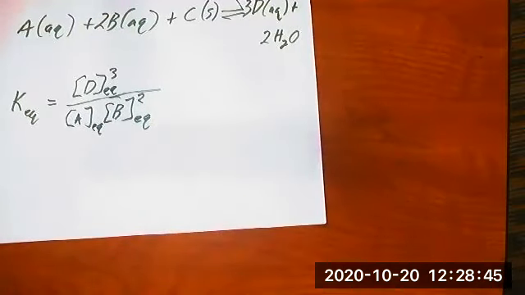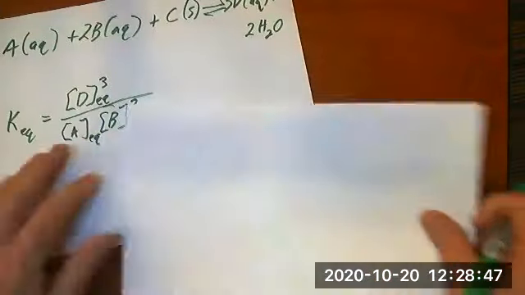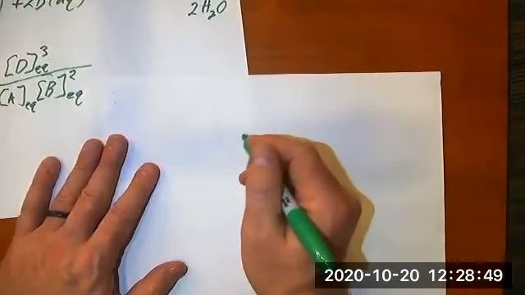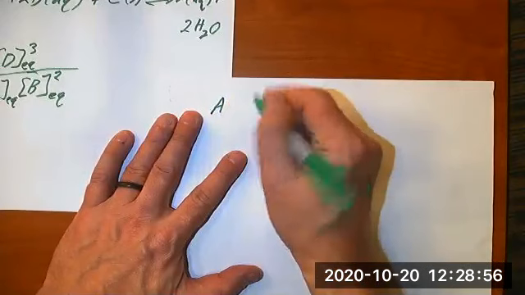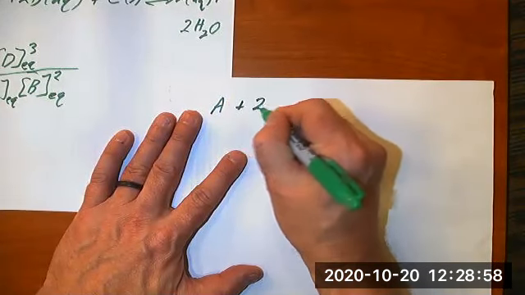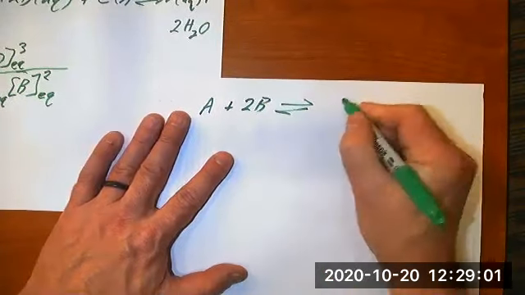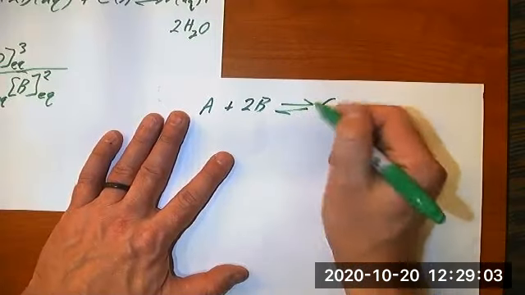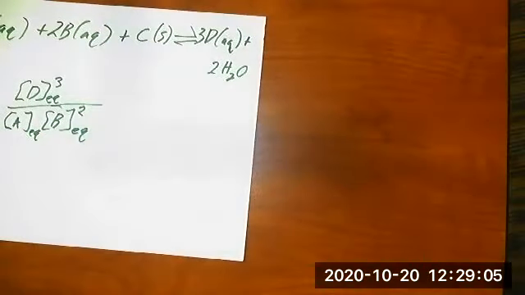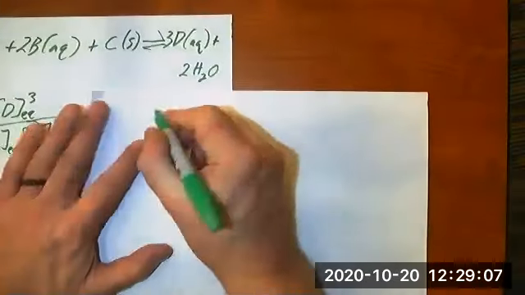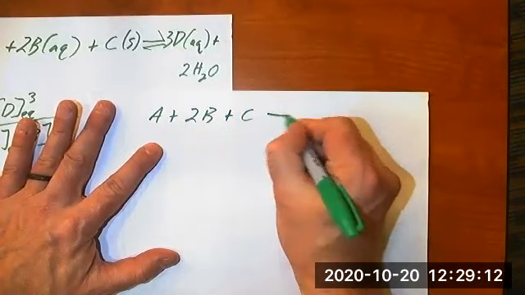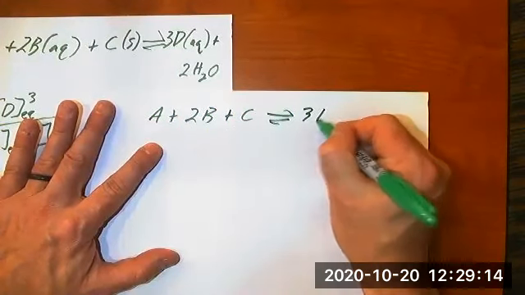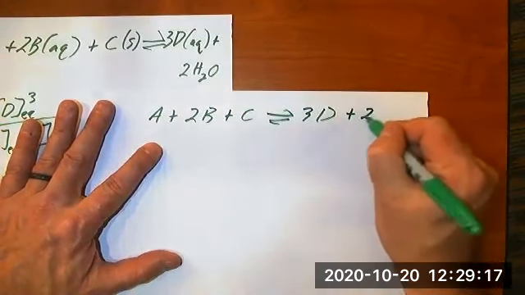So the next thing we would have to do would be to write our ice table. So I unfortunately went onto multiple lines here, so it wasn't going to work. So I will do A plus 2B in equilibrium with C. Nope, I'm not even doing that right. Let's try again. A plus 2B plus C in equilibrium with 3D plus 2H2O.